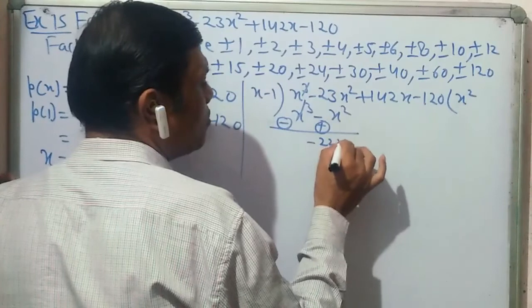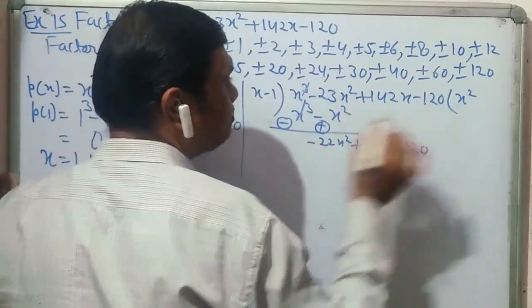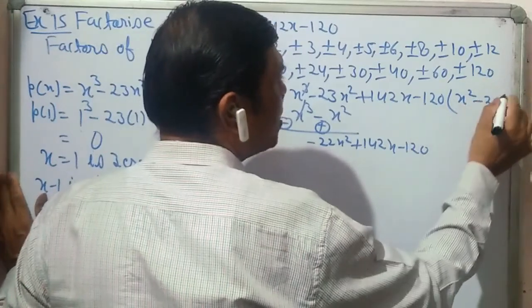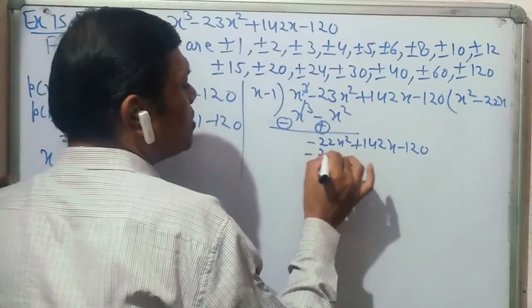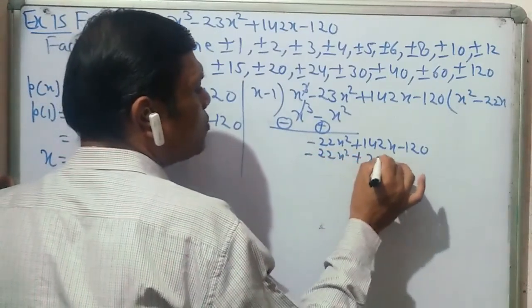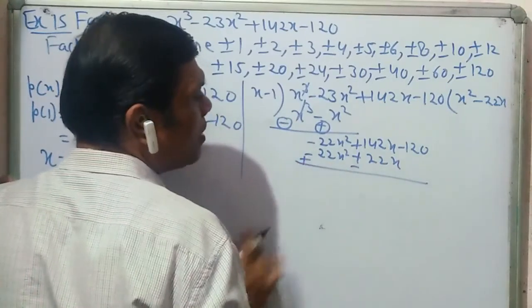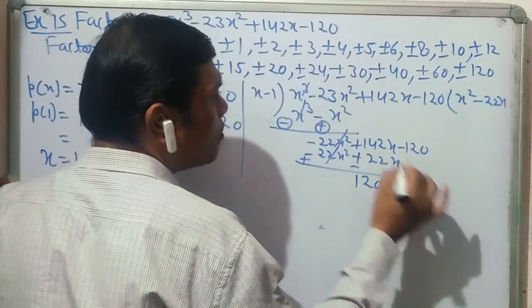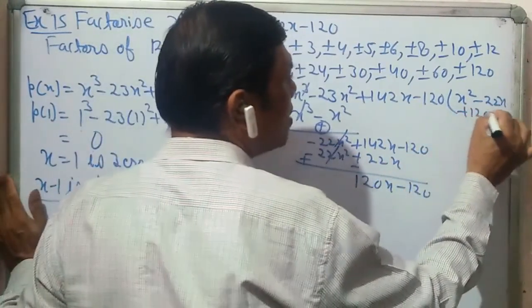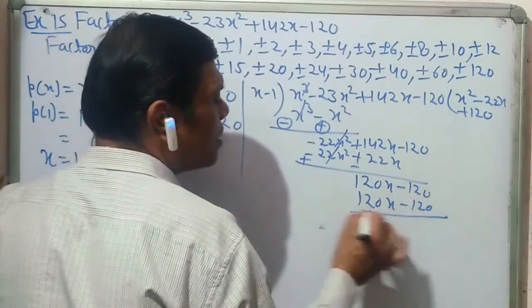Minus 22x square plus 142x. Minus 22x will give us minus 22x square plus 22x. Change the signs. Cancels. 120x minus 120. So it will be positive 120 and we get 120x minus 120. Remainder is 0.